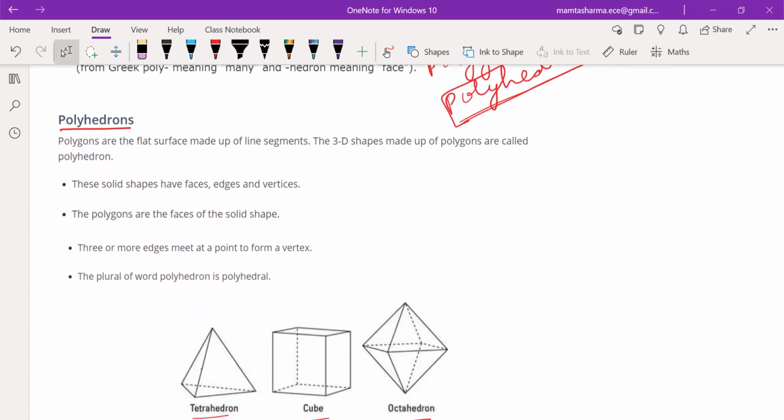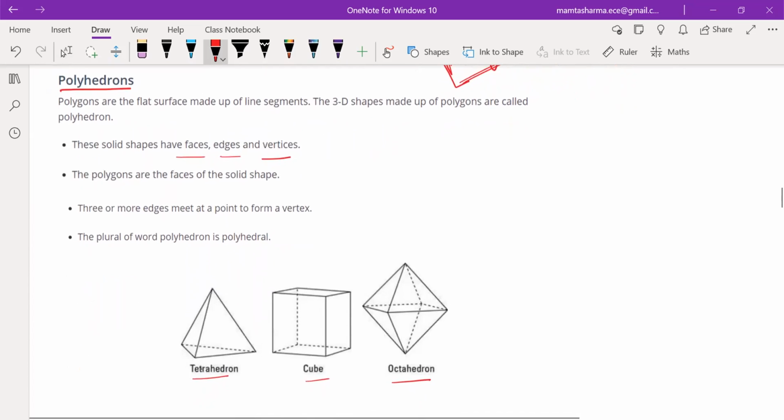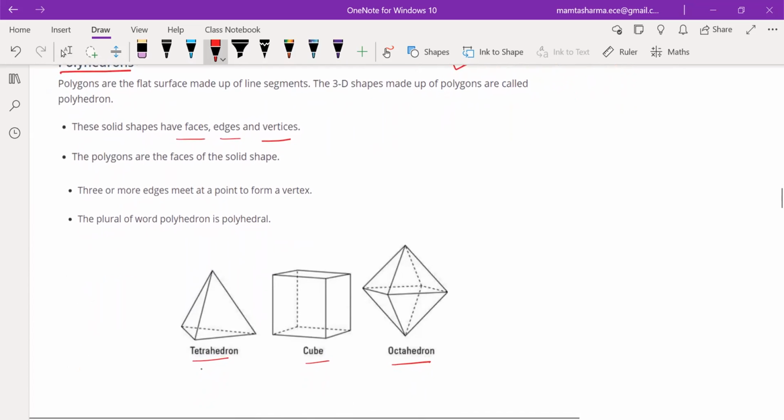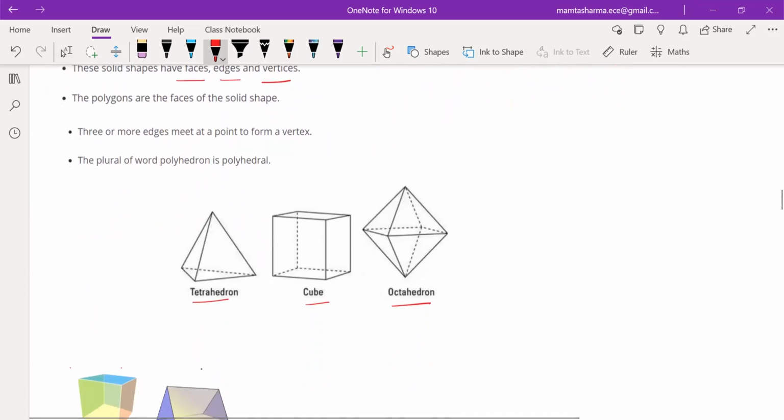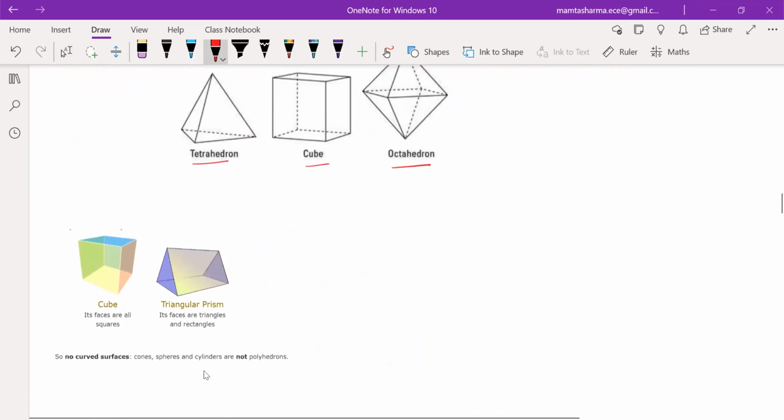Now these shapes will have faces, edges and vertices. The polygons are the faces of the solid shape. See this shape, cube. Cube is a polyhedron.